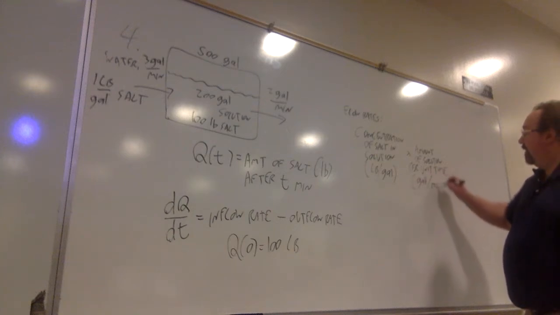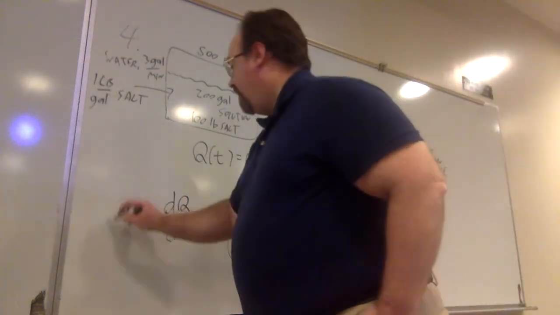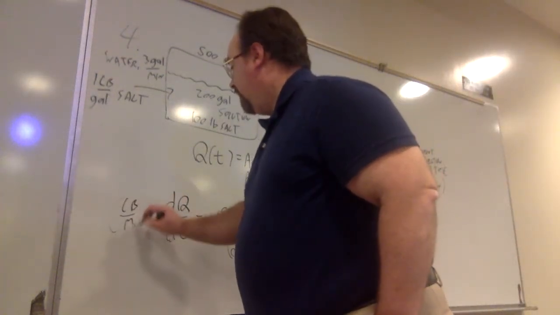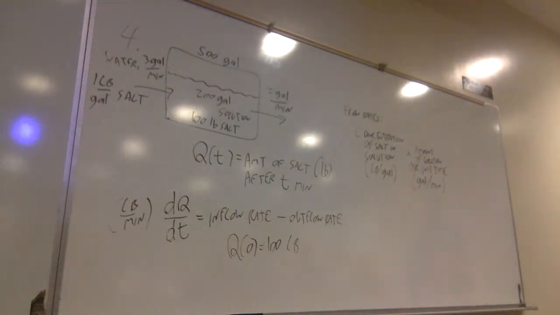That's going to be expressed in gallons per minute. Because you're trying to figure out the rate of change of the amount of salt with respect to time. That's dQ/dt. So this right here is pounds per minute. So whatever you put here for either flow rate, it has to work out to be pounds per minute.